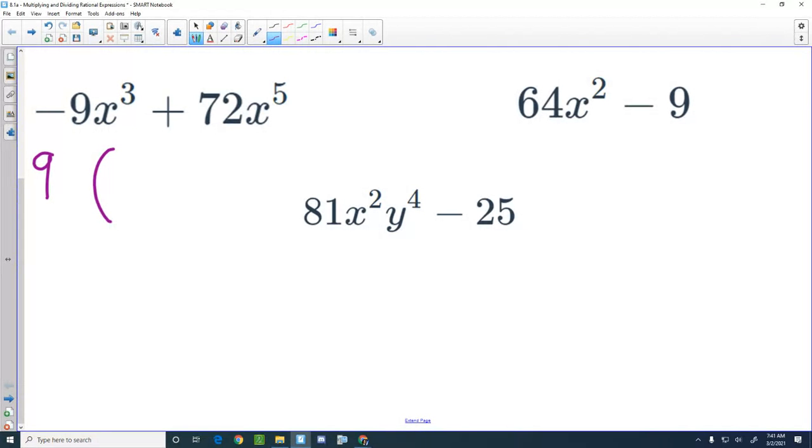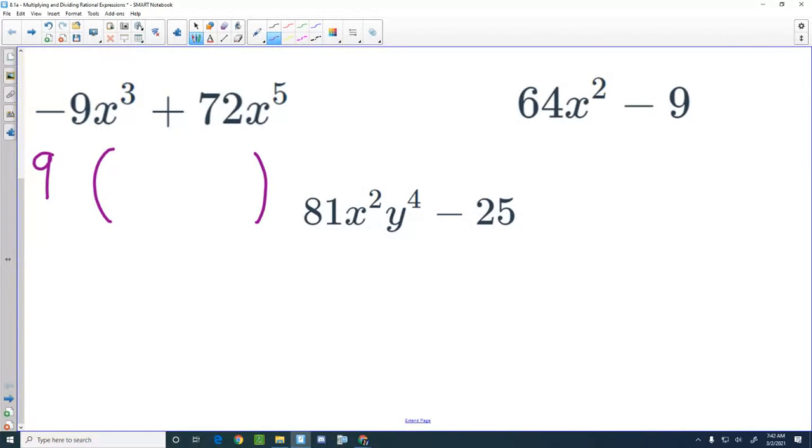I'm leaving a little space here intentionally because 9 isn't the only part of the GCF. If I look at both of those terms, we have to look at the variables as well. The first term has x to the third. The second term has x to the fifth. What's the maximum number of x's that I could take out of both of those terms? 3. Right?